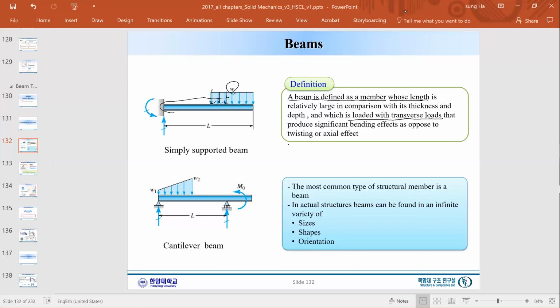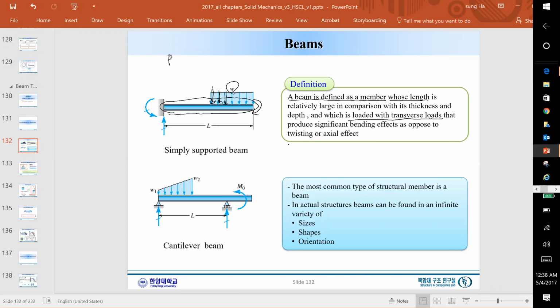So this is the beam structure, and the loads are applied vertically, producing mainly a bending moment like that. Then this structure is called a beam structure. Again, the difference between bar, shaft and beam is not determined by the shape, but mainly by the load.